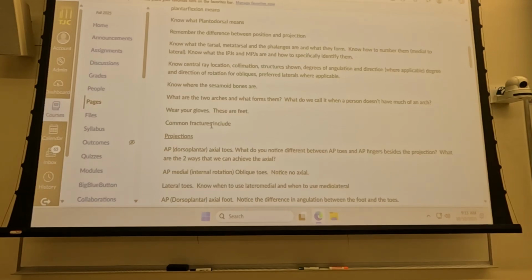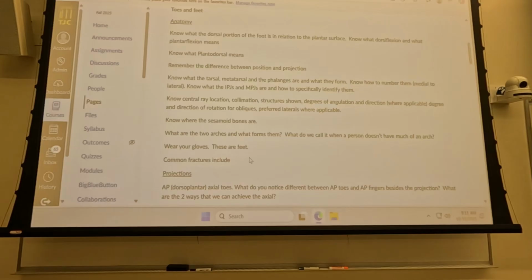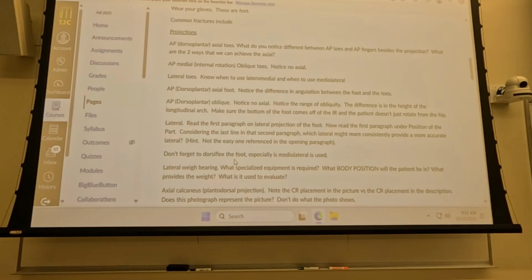But common fractures of the toes are really mainly, obviously, broken toes from kicking stuff, and then some in the metatarsals. I think that I included in the ankle one of the more common metatarsal fractures, what we refer to as a Bennett's fracture, and it occurs in a lot of cases whenever you twist your ankle. It's a fracture of the proximal fifth metatarsal.